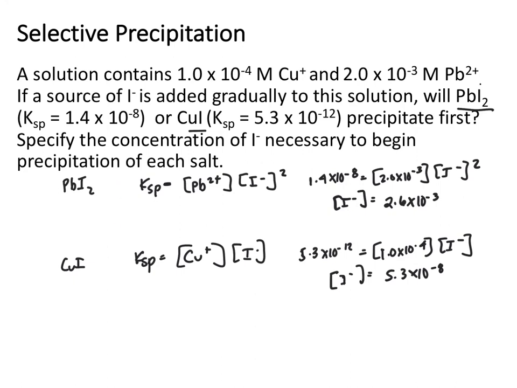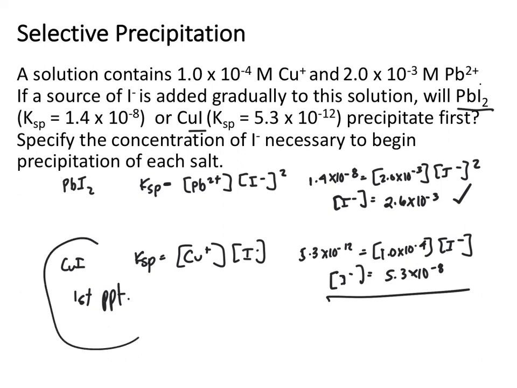Because the iodide requirement is lower for the precipitation of CuI, CuI is going to be the first to precipitate, because we will reach the appropriate concentration of iodide ion before we reach the appropriate one for the lead 2 iodide.